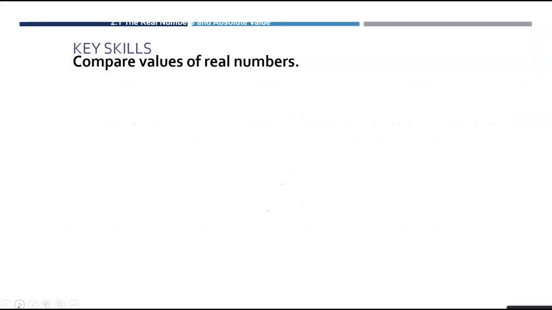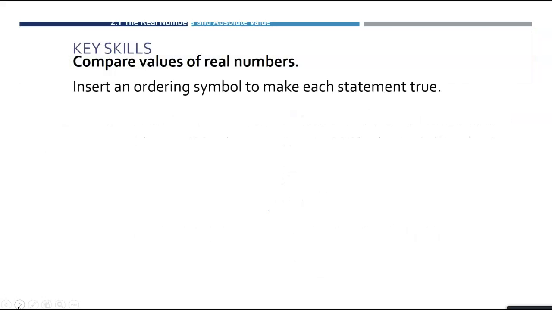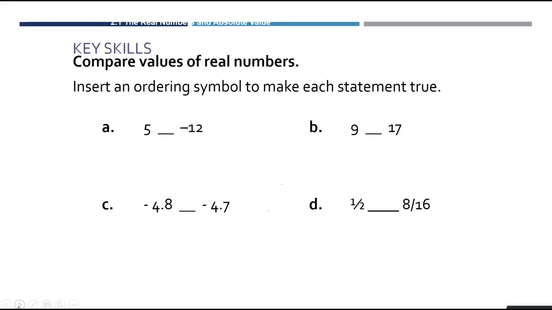All right, so let's compare the values of real numbers by inserting an ordering symbol that makes the statement true. So we have 5. Is 5 greater than, less than, or equal to -12? Good, Zoe? Yes, it's greater than.